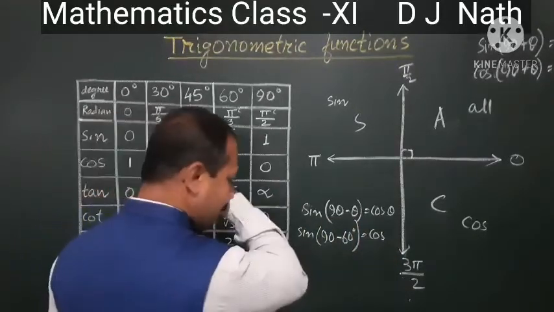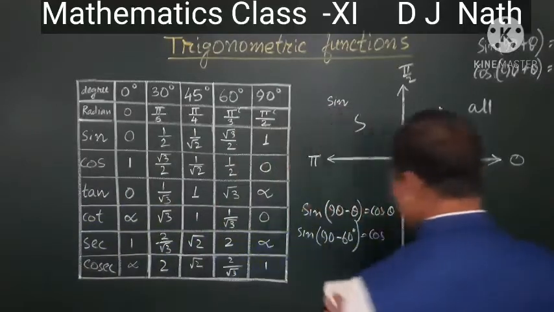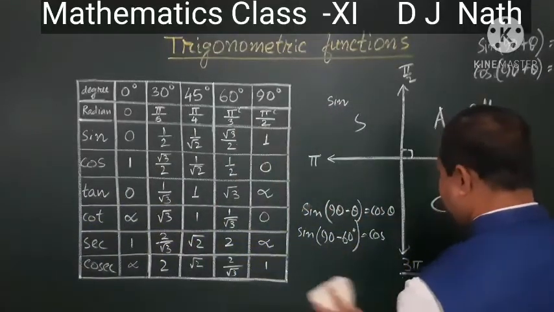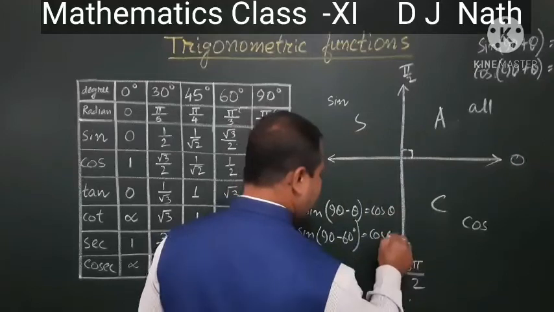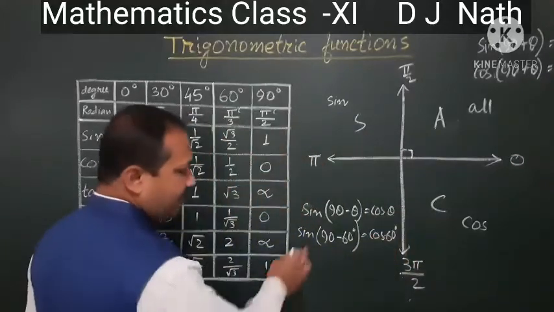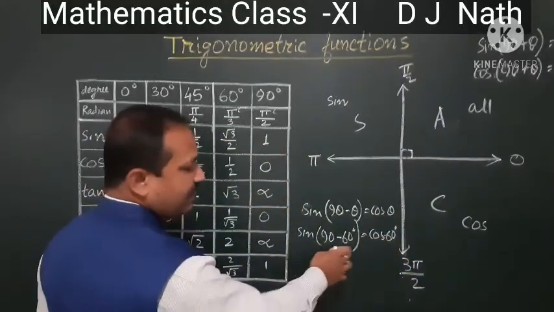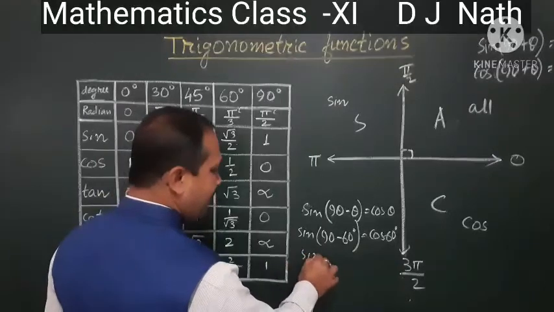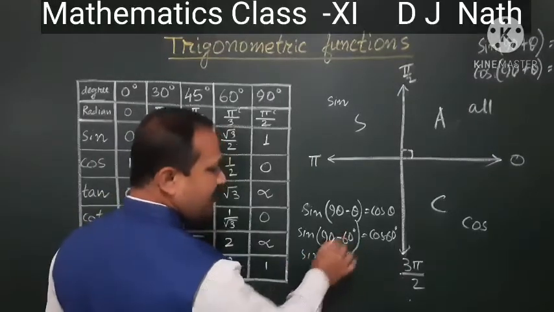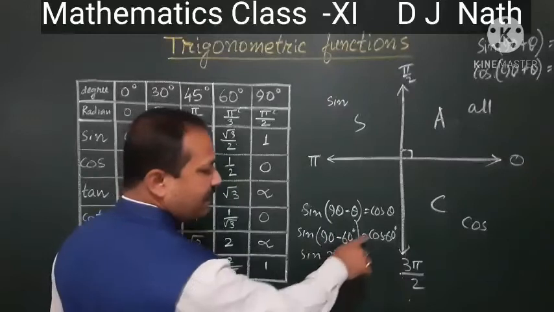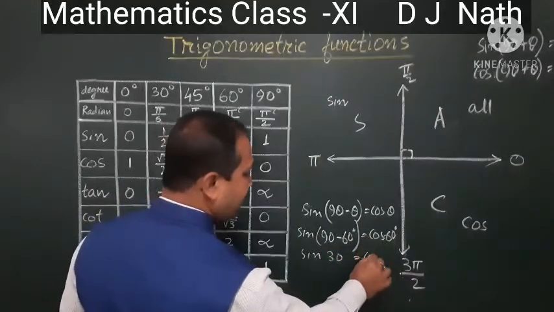Alright? Look at that. 90 minus 60 is what? 90 minus 60 can be written as 30. So this is equal to cos 60.